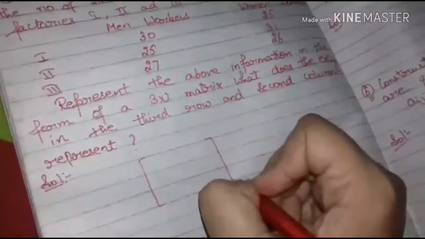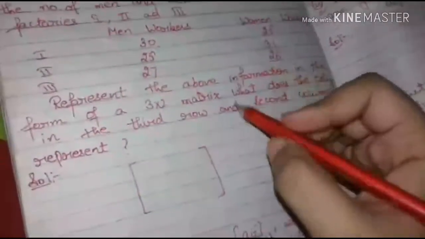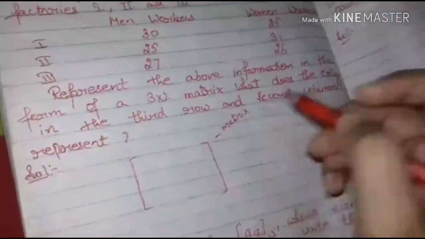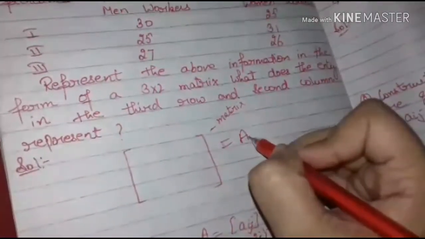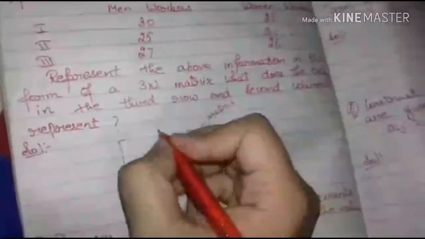So we have to draw square brackets for representing a matrix, and let it be called matrix A. Now simply write the data of the table in the form of a matrix, and we have a first element, this is 30.